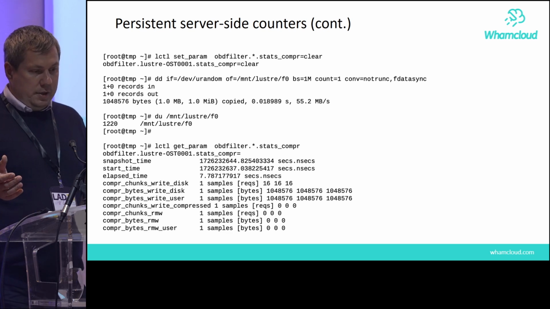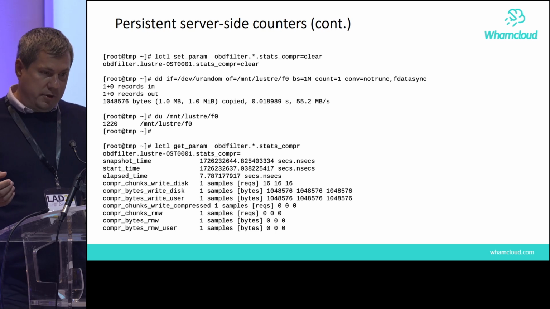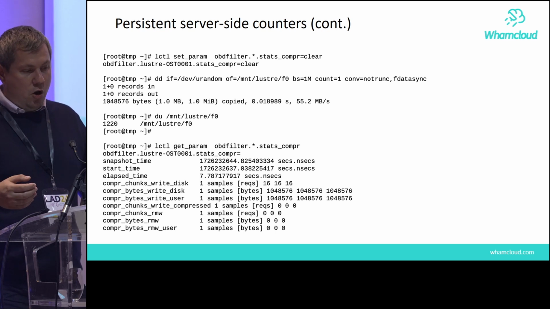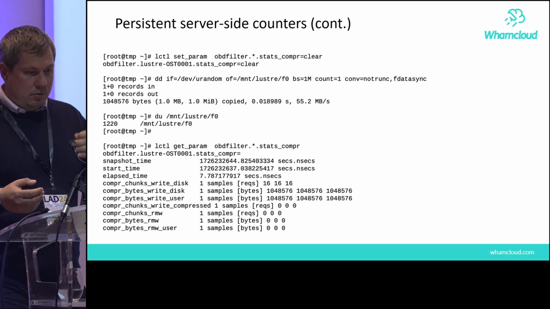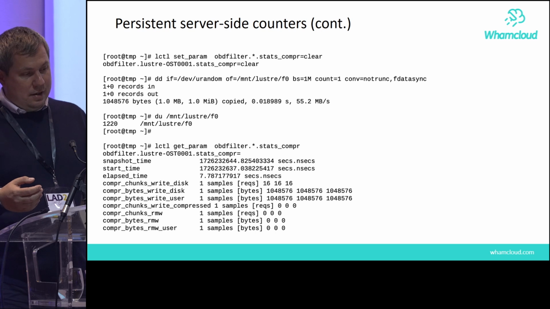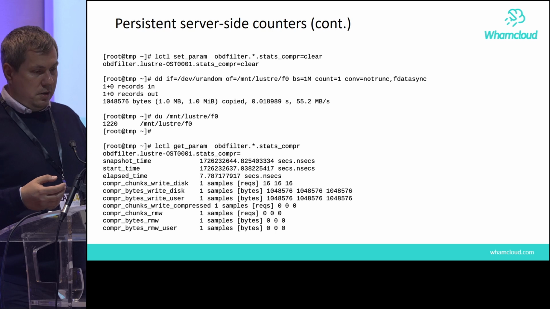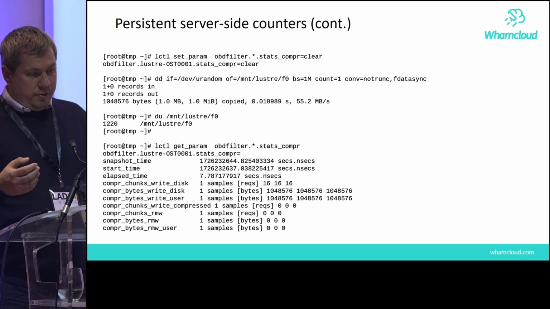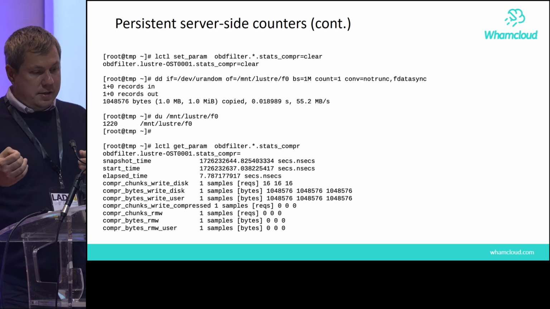How to use it? It's easy. There is one command to reset the statistics, and there is a command that outputs the statistics. So here's an example. We write 1 megabyte and get the statistics, and because the source file is a random stream of bytes, urandom, the resulting stored data size is the same as the original.